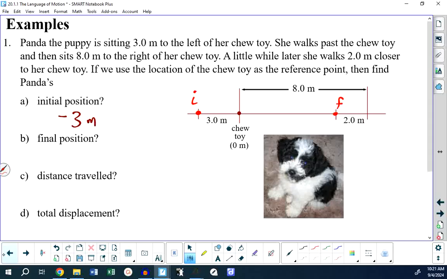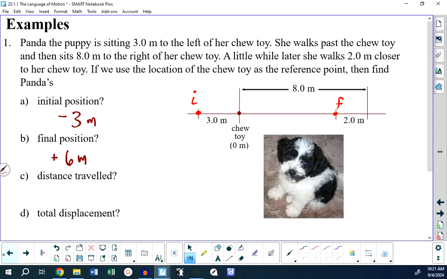You with me on that? So where does she end up? She ends up with a final position of +6 meters. She ends up 6 meters to the right of the reference point. I'm not talking about how far she's traveled. I'm not talking about any of that. I'm talking about always comparing her position to this position.